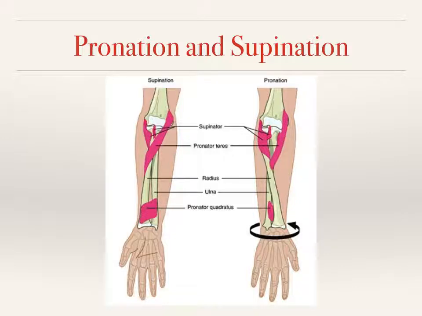And this is because when the hands are in the prone position, the radius actually crosses over the ulna. When the radius crosses over the ulna during pronation, the pronator teres muscle also wraps around these two bones in order to hold them in this conformation. There are several other muscles which are involved in pronation and supination, and we'll explore those momentarily.